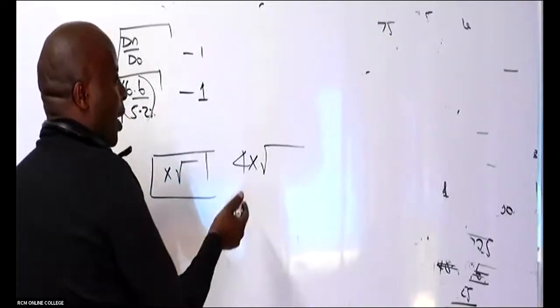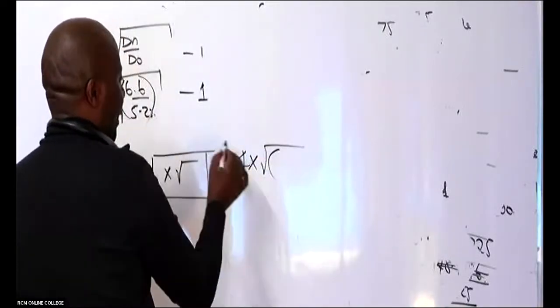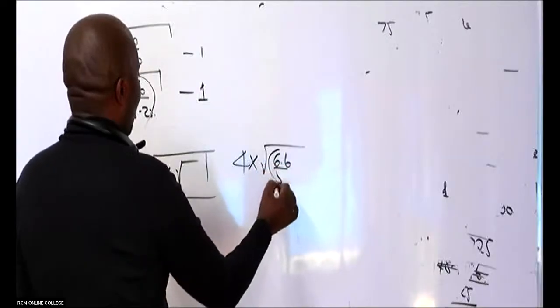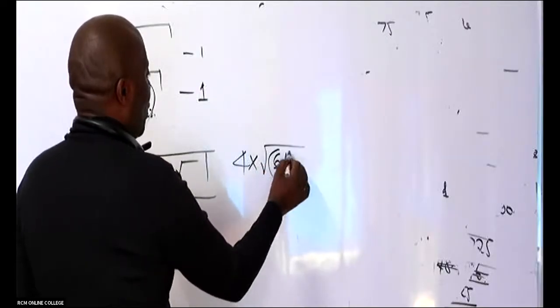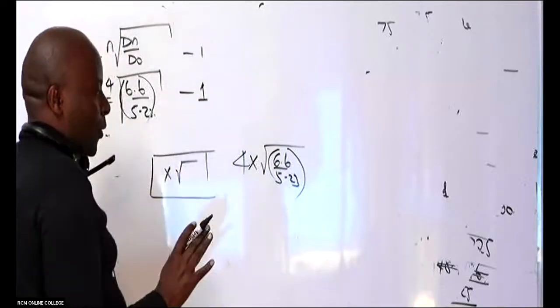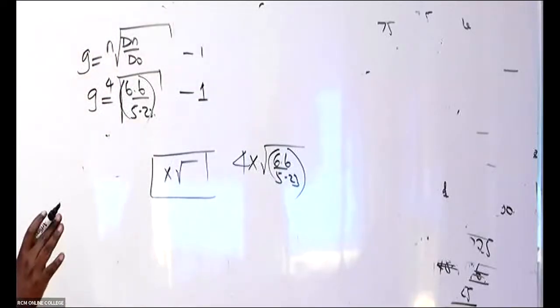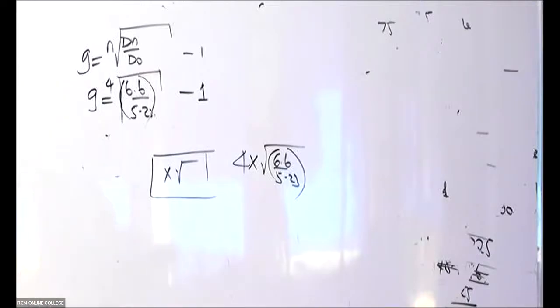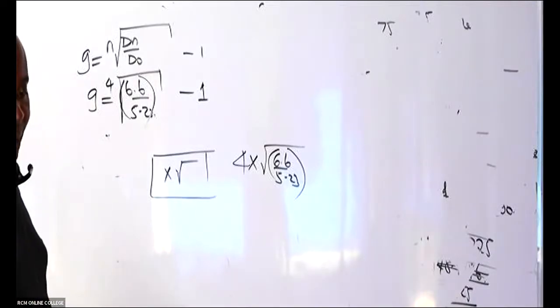Once it's shown, you can put 6.6 divided by 5.23 into brackets, close bracket, and press equals. Whatever answer you get, you subtract 1 from it.